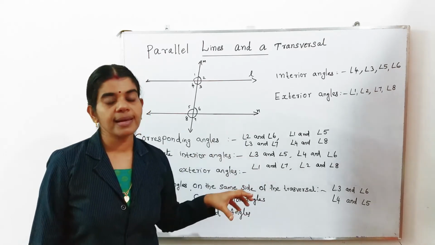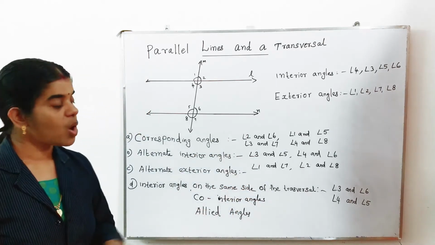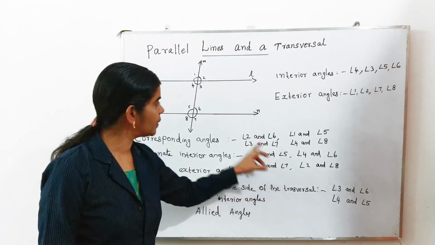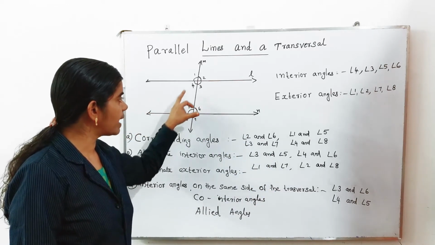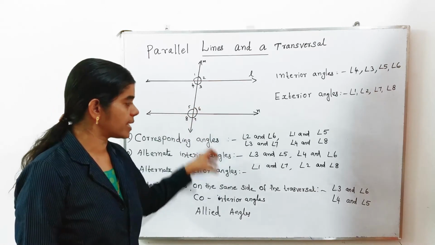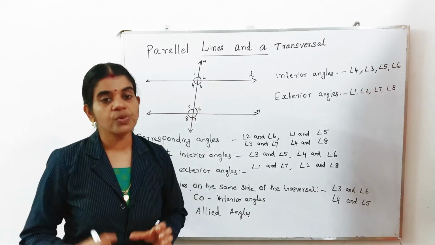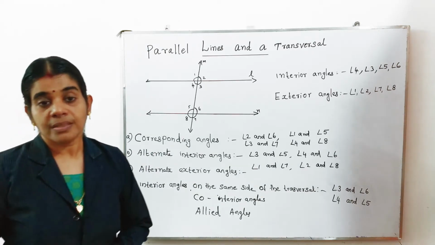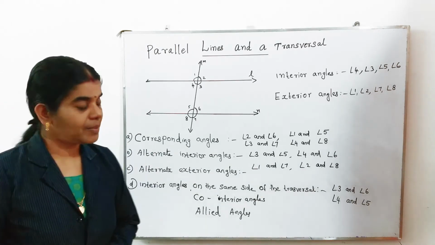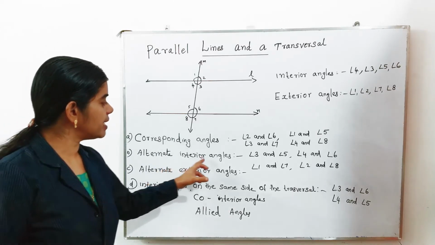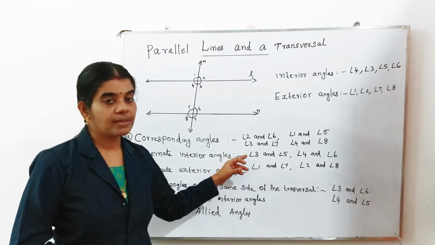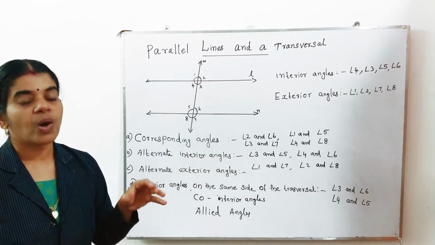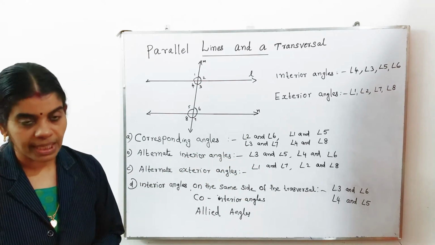Next one will be alternate interior angles. If two parallel lines are cut by a transversal, alternate interior angles will be equal. Angle 3 will be equal to 5 and angle 4 will be equal to angle 6. This also we can use to show two lines parallel.